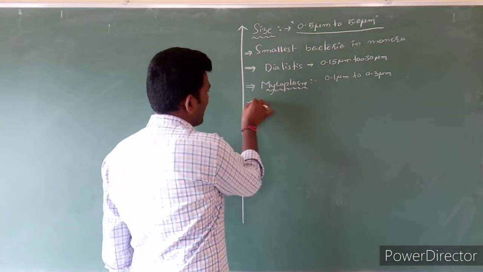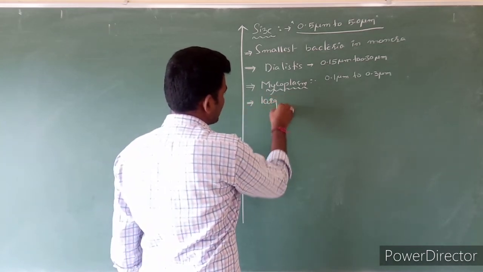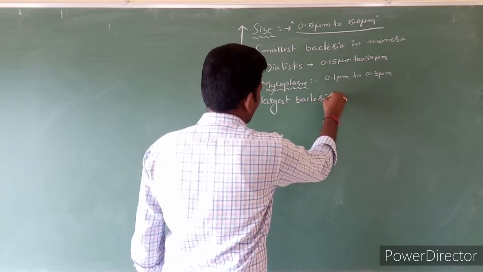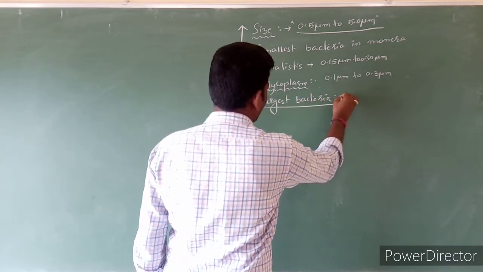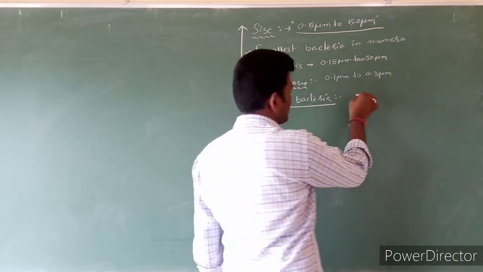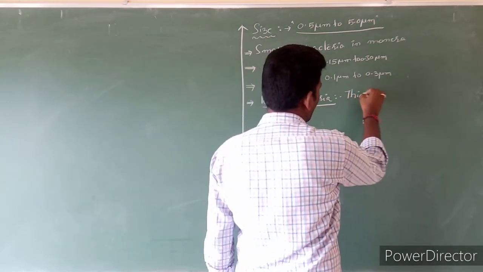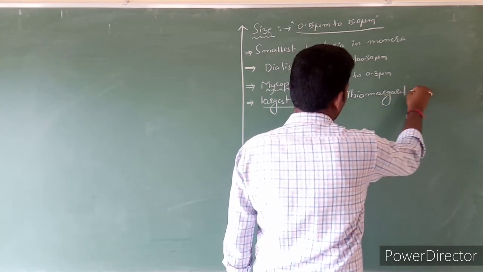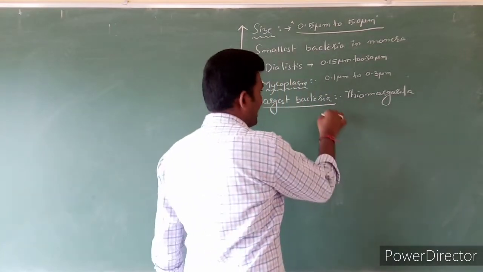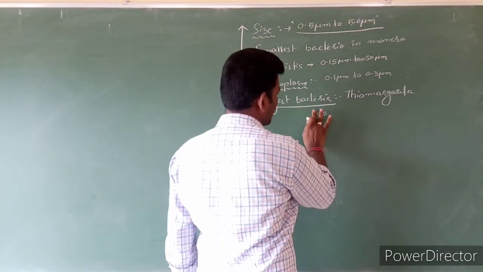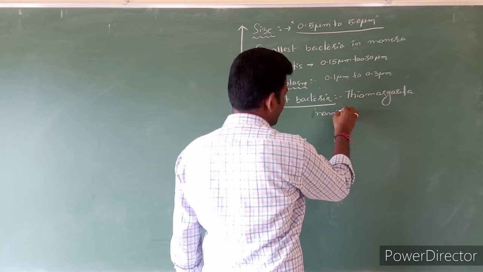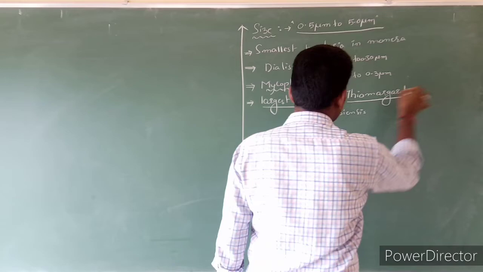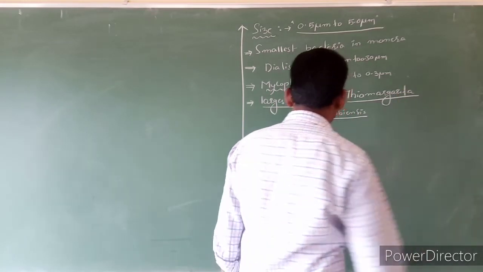Next, the largest bacteria is Thiomargarita namibiensis. Thiomargarita is the genus, namibiensis is the species.